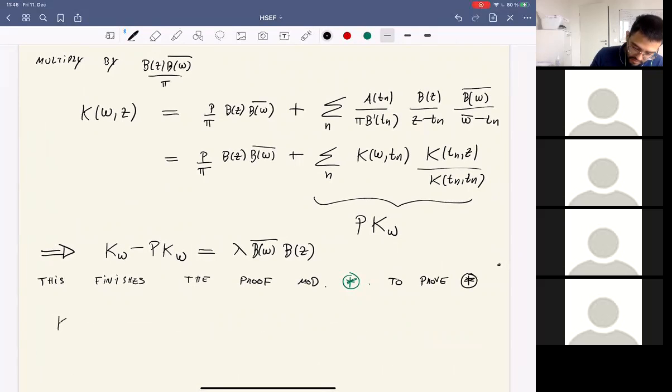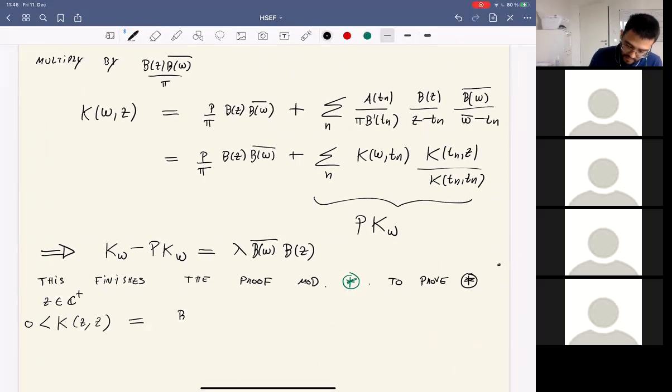we'll just use the fact that K Z Z is always positive if Z is in the upper half plane, because this would be zero only if you had real zeros of E, which I'm assuming you don't. And then you just write what this thing is. Oh, sorry, this won't be that.